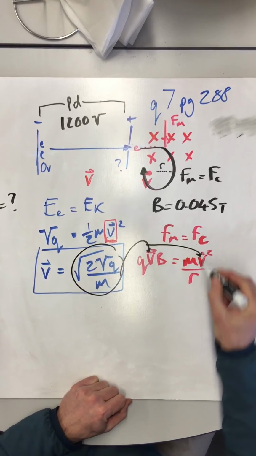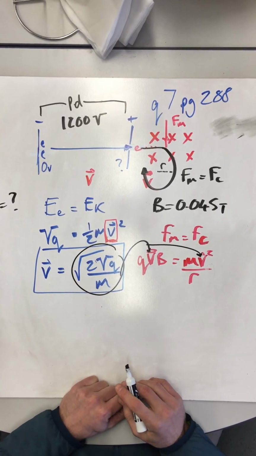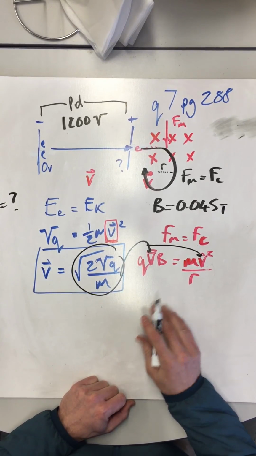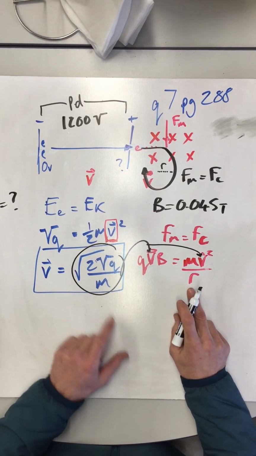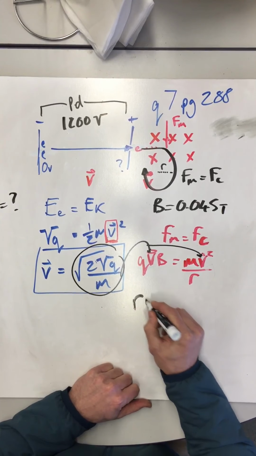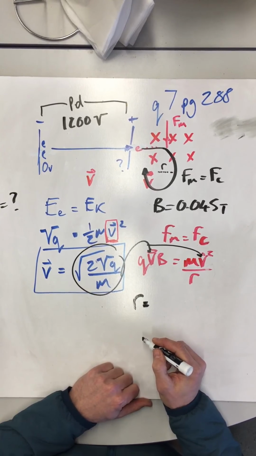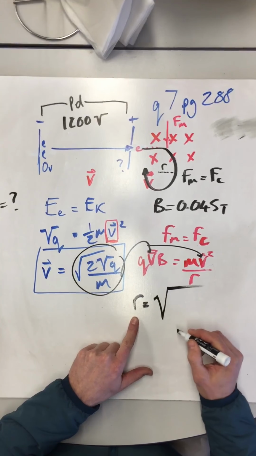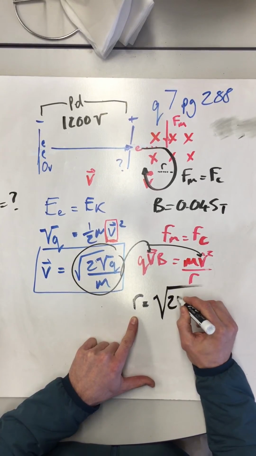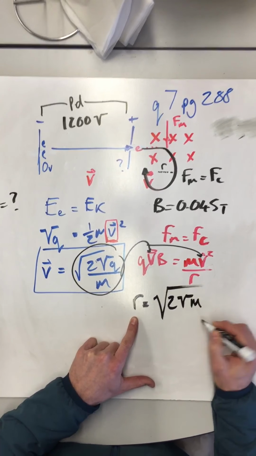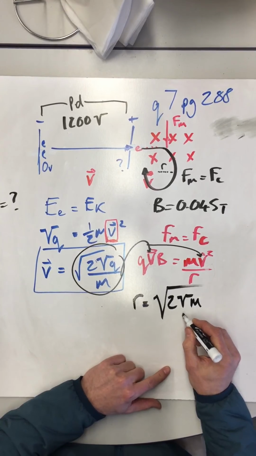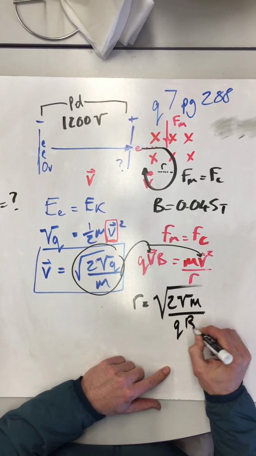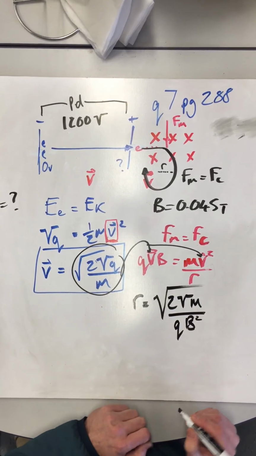Now, I've got two velocities here, so it could be slightly confusing, but I'll save you all the steps and just give you the end formula for r, and then hopefully you can go back. If it's not clear, you can do it yourself and figure out the steps. But the formula here for r, given our two conditions, is going to be the root of 2 times the voltage times the mass, over the fundamental charge times the magnetic field squared.